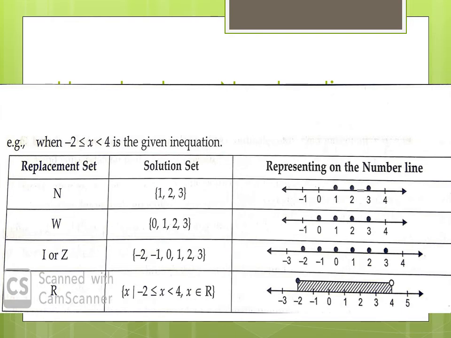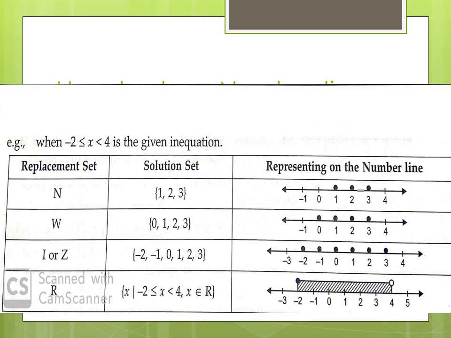Second scenario, if it is whole numbers, then in our solution set we can write 0, 1, 2, 3 and make a dot on those numbers. In the case of integers, our solution set is -2, -1, 0, 1, 2, 3, so we make dots on all these numbers.